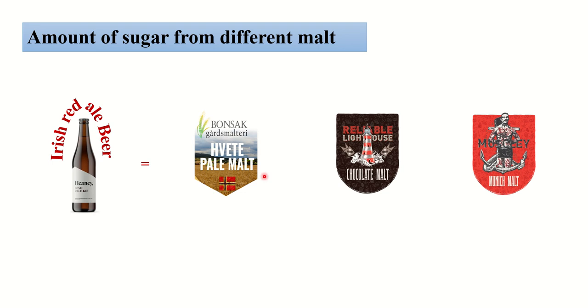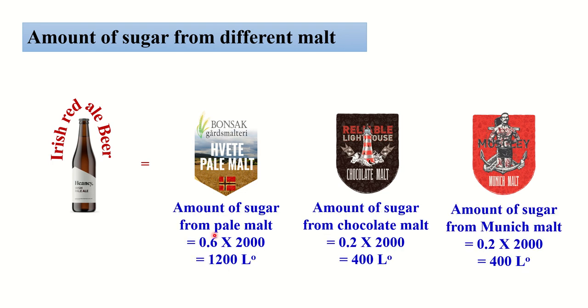The amount of sugar from different malts needs to be calculated. For the Irish Red Ale beer, as shown here, the pale malt is 60%, which means 0.6 into 2000. When we multiply it, we get the sugar contribution from pale malt, which is 1200 liter degree, and the sugar contribution from chocolate malt is 400 liter degree, and the sugar contribution from the Munich malt is once again 400 liter degree.